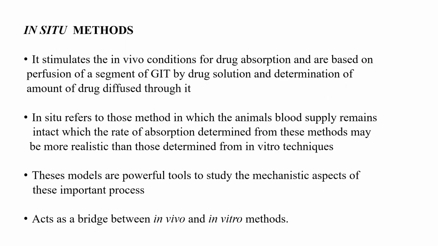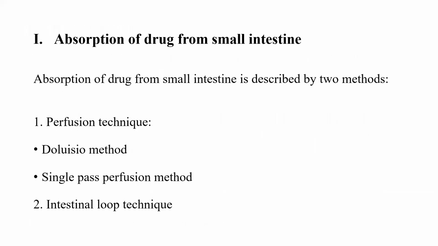Then there are also in situ methods, which are a bridge between the in vivo and in vitro methods. They simulate the in vivo conditions for drug absorption. It is based on the perfusion of a segment of the GIT by the drug solution, and determination of the amount of drug which has diffused. These models are powerful tools to study the absorption process.